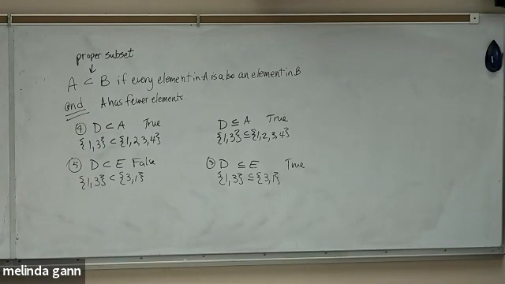Okay? So you can be a subset without being a proper subset. You can be a Mazda without being a Mazda Tribute. You see what I'm saying? But if you're a Mazda Tribute, you're sure going to be a Mazda. Is everybody with me? So if you're a proper subset, you're always going to be a subset.